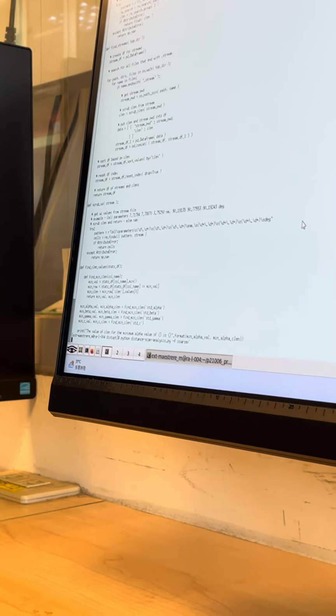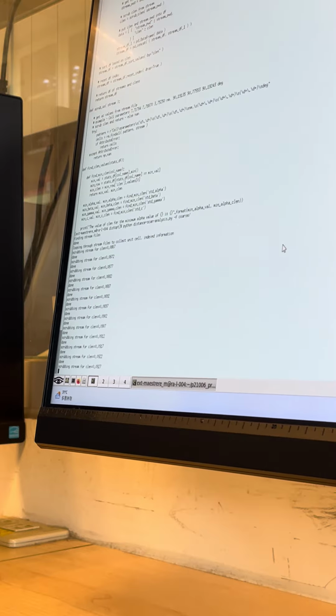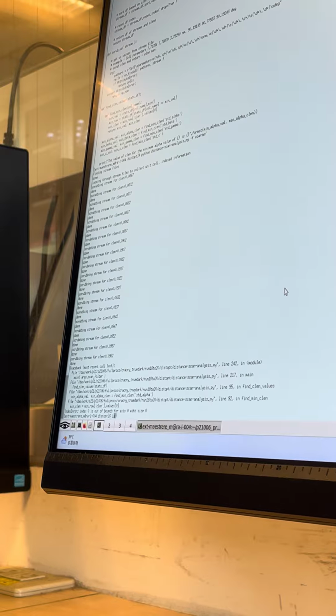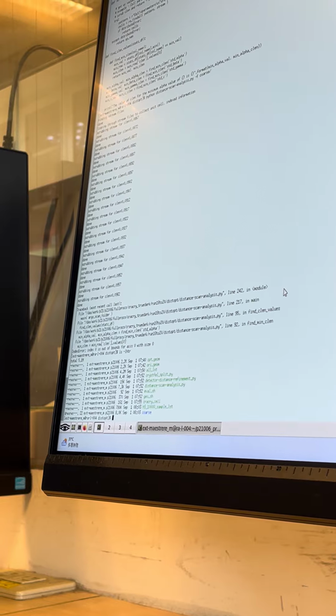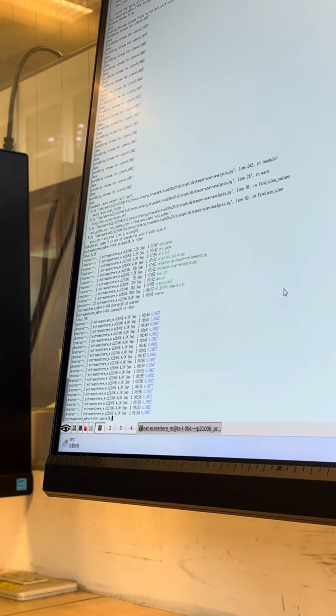Okay, and it would be in the course. Let's see if it works. Will it? No, it did not. So this one doesn't work either.